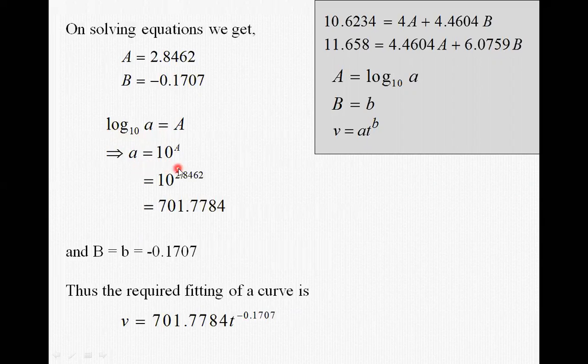Therefore, small a equals 10 to the power A, so 10 to the power 2.8462 equals 701.7784, and capital B equals small b equals minus 0.1707. Thus, the required fitting of the curve is V equals 701.7784 into t to the power of minus 0.1707.